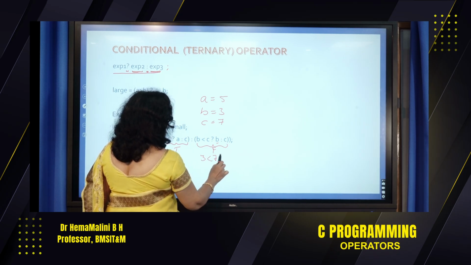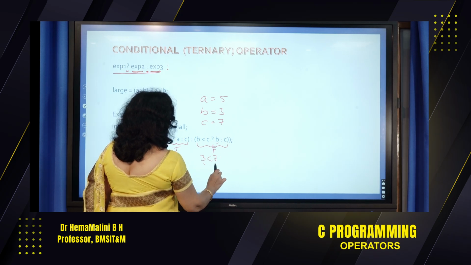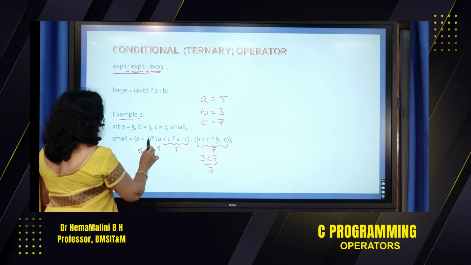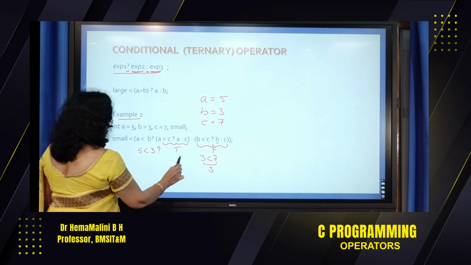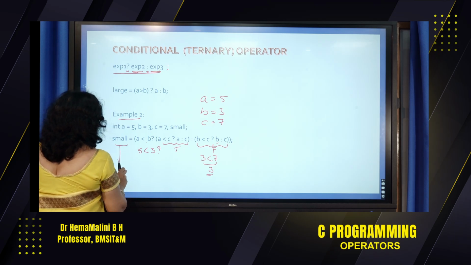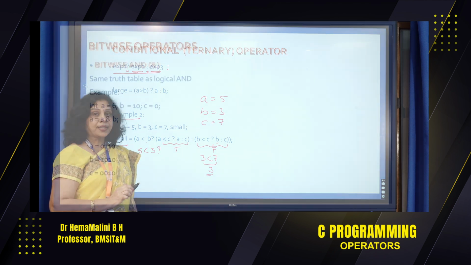Yes, it is less. So b, what is the value in b? 3. This is going to give 3. So a less than b, we have come here. 3 will be stored in small. So small is going to get 3. This is how the ternary operator works.